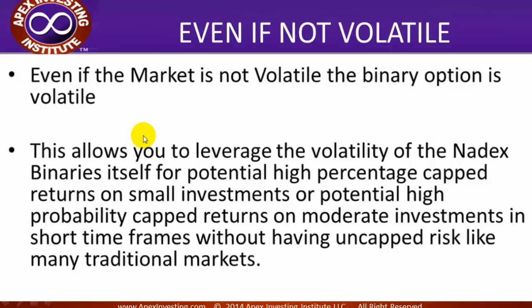Even if the market's not volatile, you can take advantage of that, and you can take advantage of what would be known as a higher percentile return. If the market has to move for you to be profitable, obviously you have a lower probability of being profitable because it has to move in your favor.